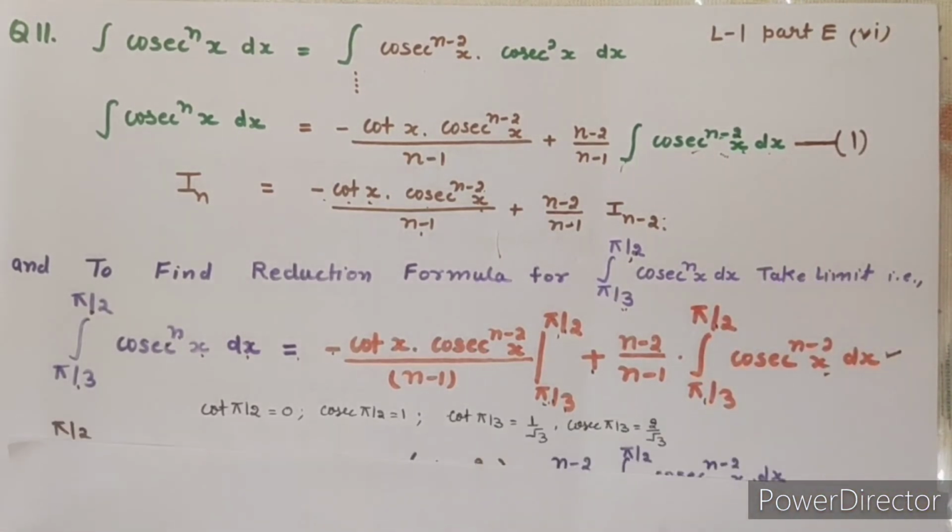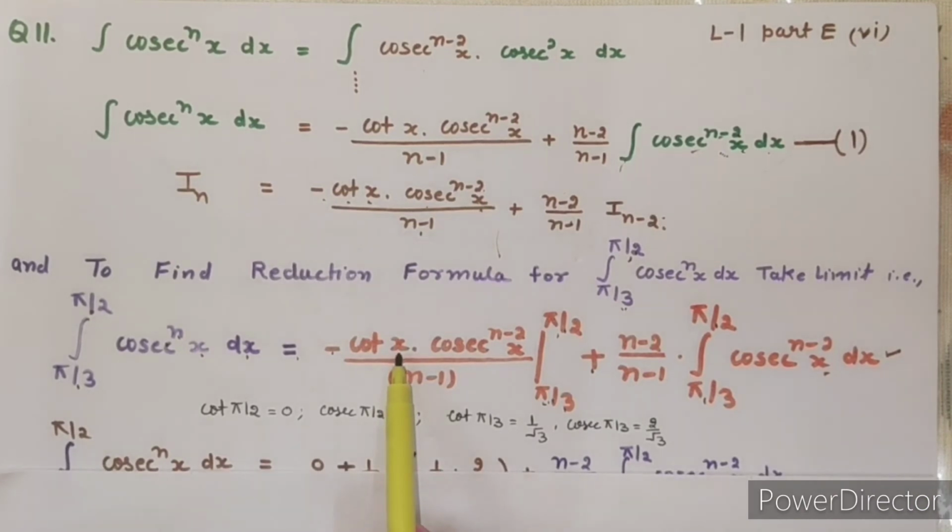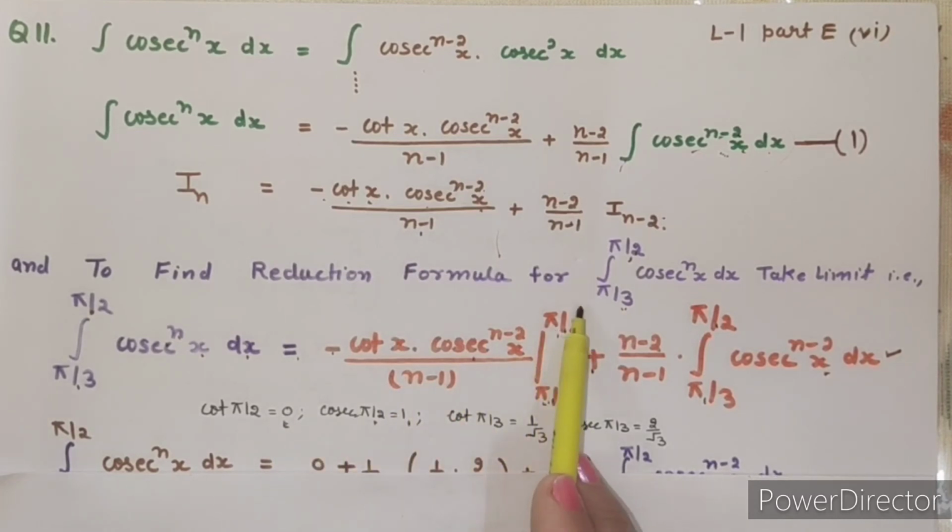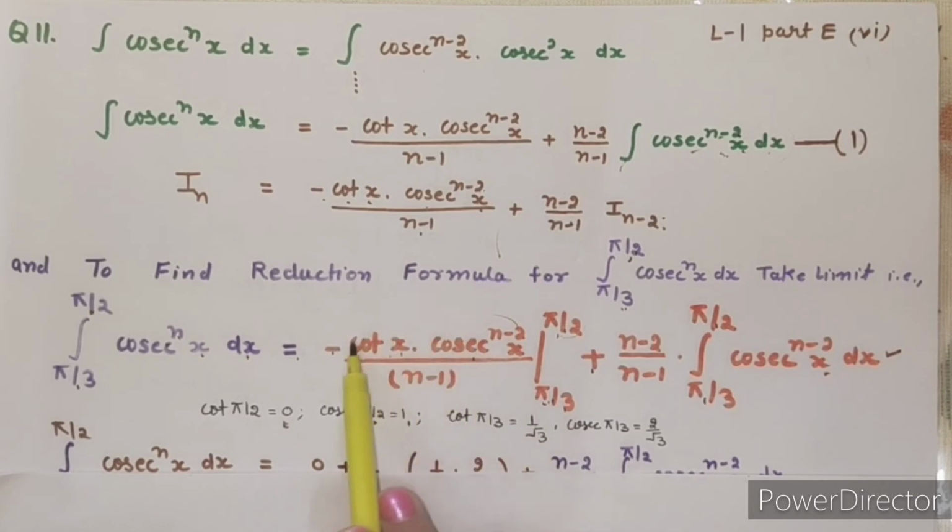Now cot pi by 2 is what? This value is 0 and cosecant pi by 2 is 1. So upper limit contribution becomes 0 because of cot pi by 2, then the minus sign will come.